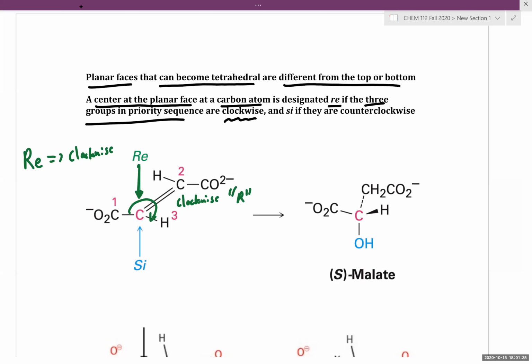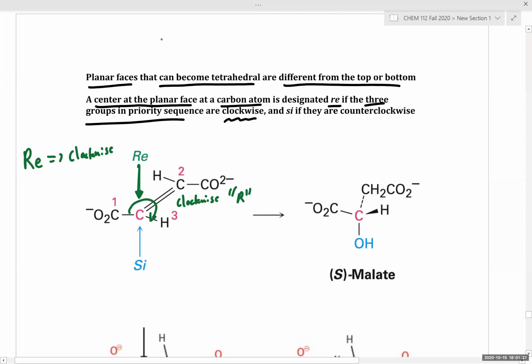Now from the Si approach, it's important to consider that when we're looking at our molecule from the bottom up, now let me draw this structure. Let me make a model of this structure because it's often hard to see what changes when we look at the Re and Si face.